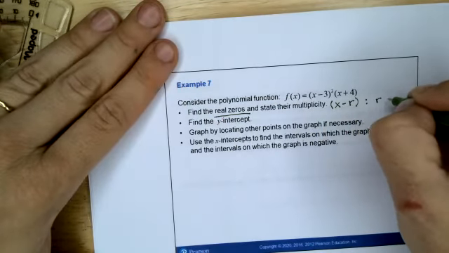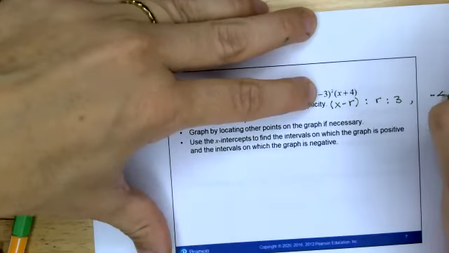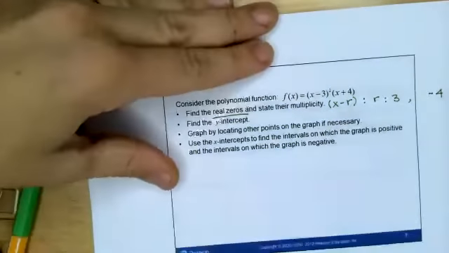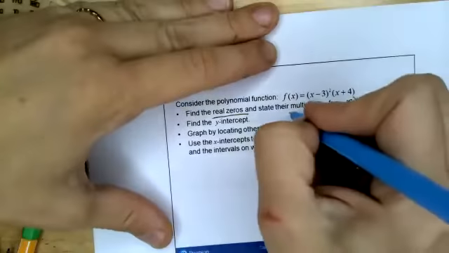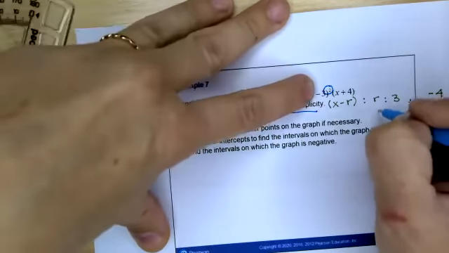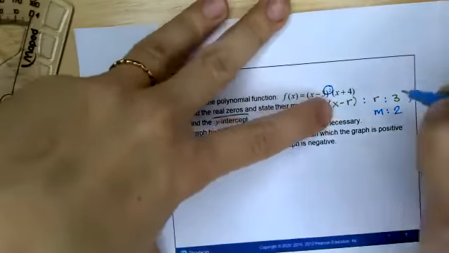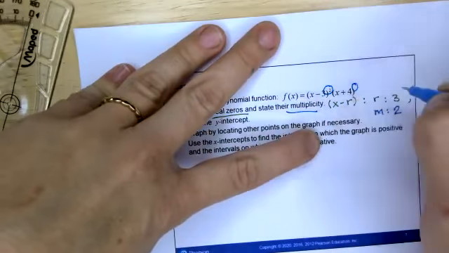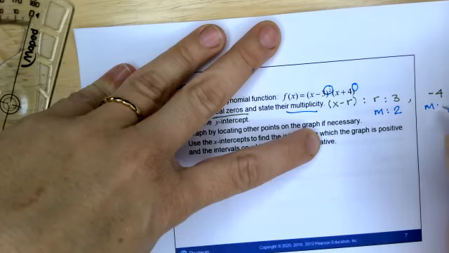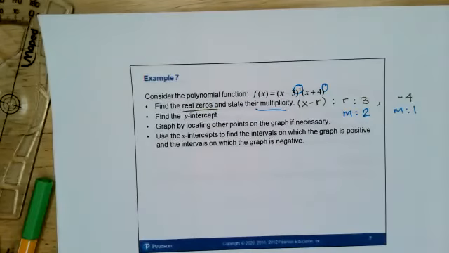So that means my real zeros are 3 and -4. State their multiplicity. The multiplicity of the +3 is going to be multiplicity of 2. The multiplicity of the -4 is just going to be an understood 1, right? Because there's no number there.